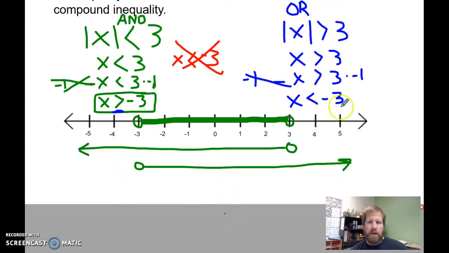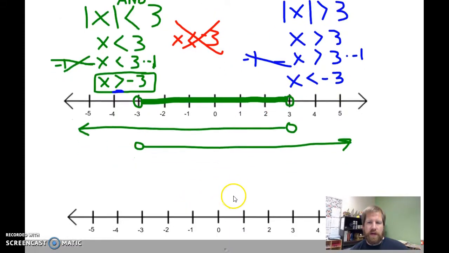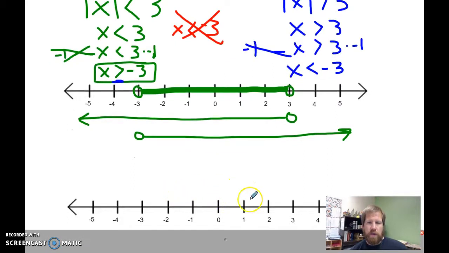If we look at our other case, our OR case, same thing, 3 and negative 3 are our endpoints. x is greater than 3, and x is less than negative 3.